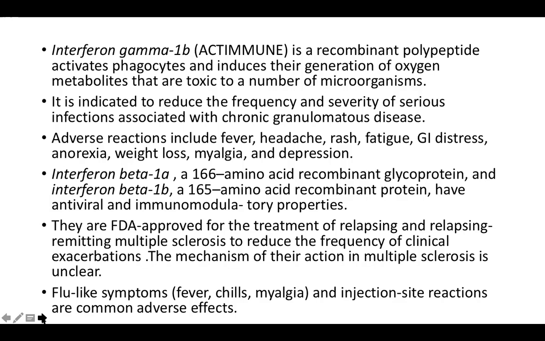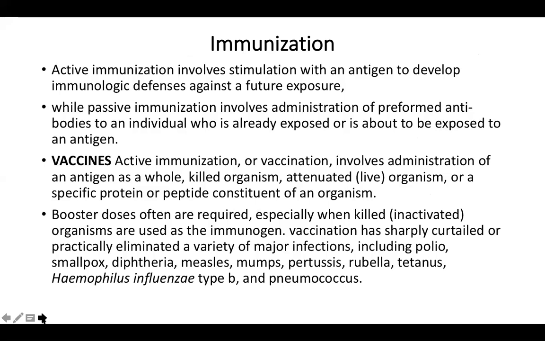The mechanism of action in multiple sclerosis is not clear, but it is definitely used in multiple sclerosis. The adverse reactions of interferon beta 1a and 1b are flu-like syndromes and also pain at the site of injection. Okay, immunization.